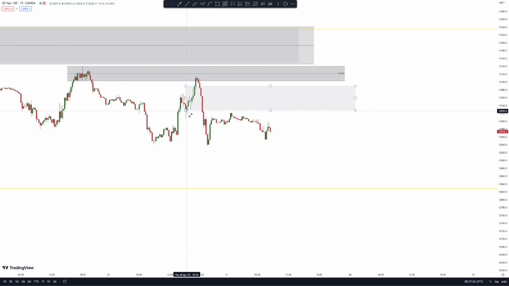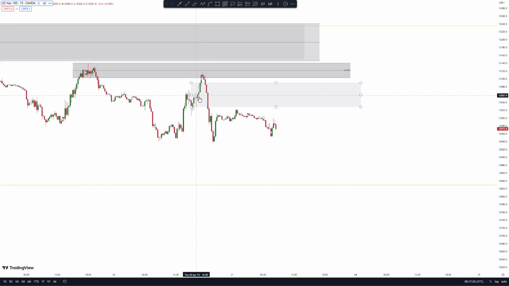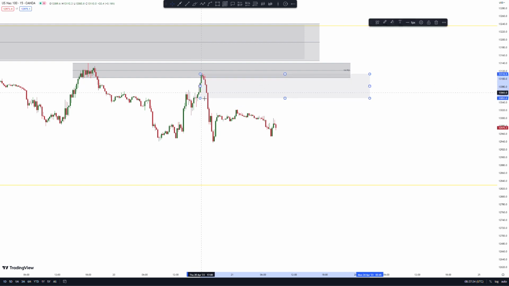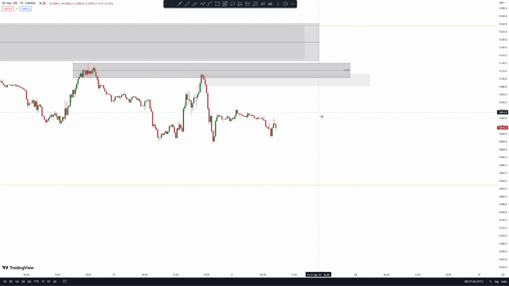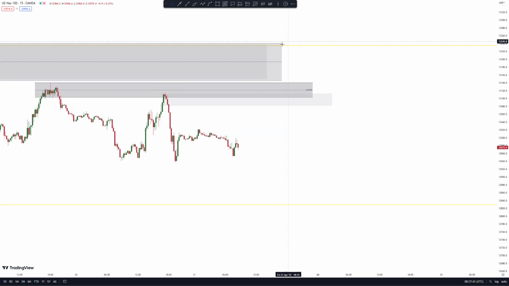My last candlestick, it's definitely this one here. It's this one here. Let me just be a bit clean. That's my last candlestick.